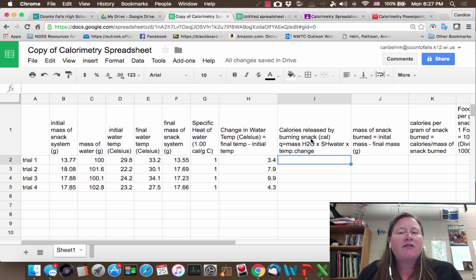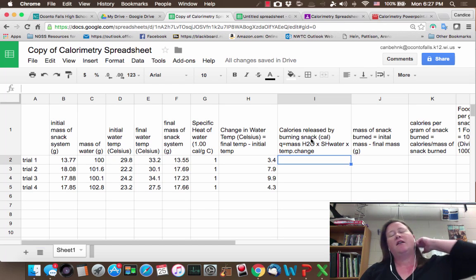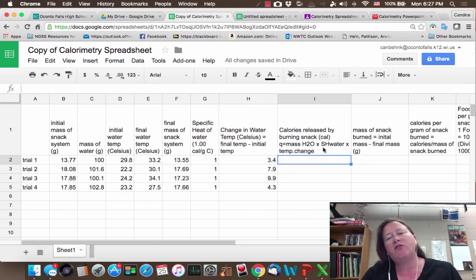We're making the horrible assumption that all of the heat is being transferred from the burning snack to the calorimeter, but again, the heat is being transferred to the water. So the calories released by the burning snack is going to be equal to the mass of the water times the specific heat of the water times the temperature change.